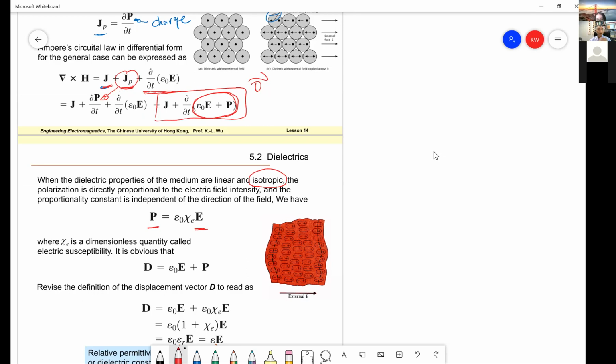But because the difference is not very large, we still treat it as isotropic. Once it is isotropic, we replace this P. This we still define as D, the electric field flux density.